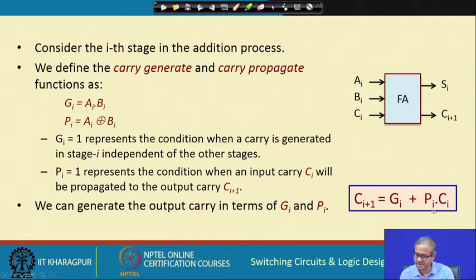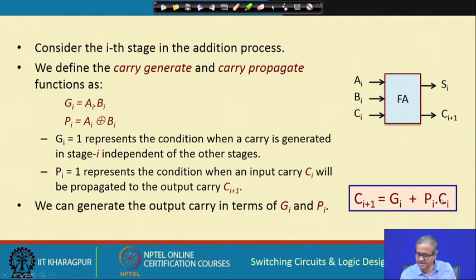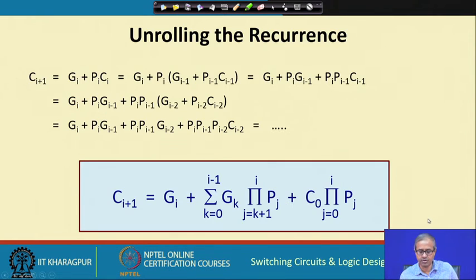So, only under this condition C I plus 1 will be 1: either a carry is generated, A I B I both are 1, or P I is 1, meaning exactly one of them is 1, and C I is also 1. Okay. So, we have this relation.